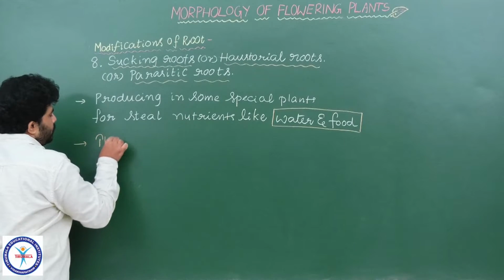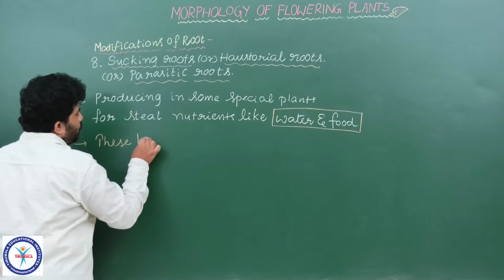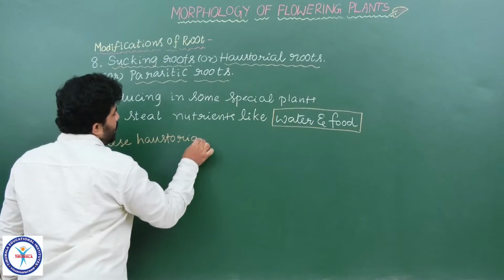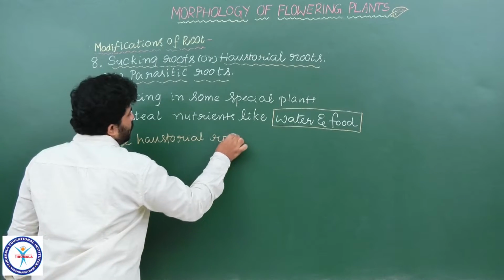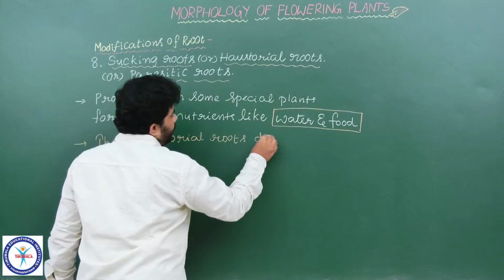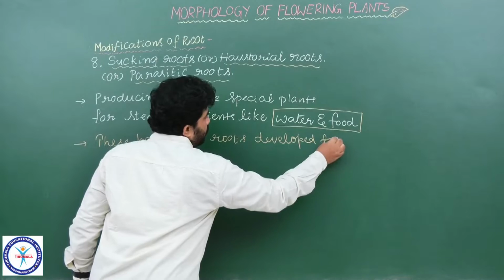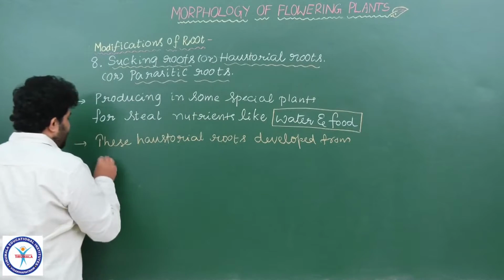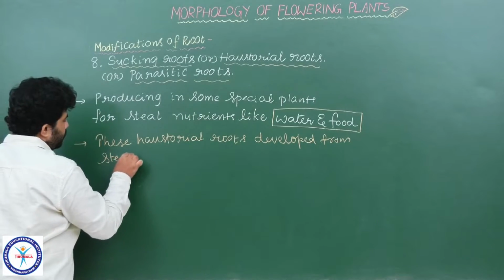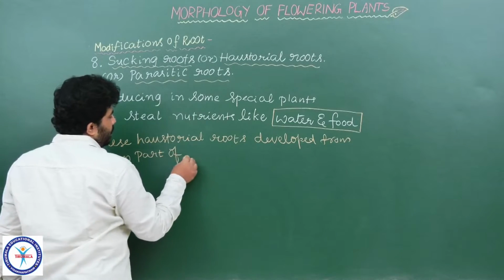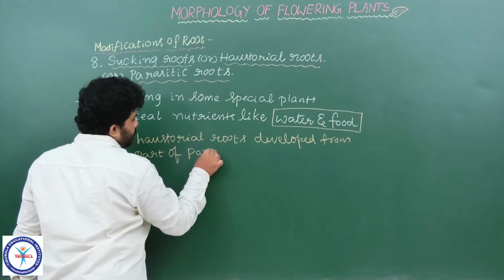These haustorial roots developed from the stem part of the parasitic plants.